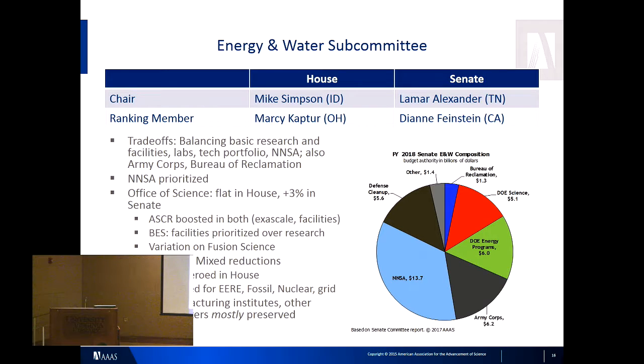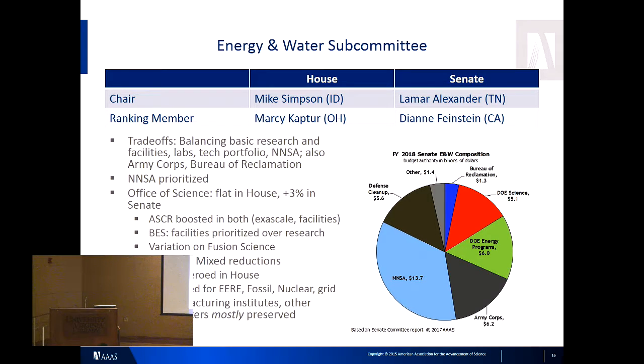Defense is always going to be a big issue. Nuclear cleanup and the Army Corps are two issues that are often prominent locally. So you've already got more than half of your bill taken up by these three programs. Then one of the decisions you're left with is, how do you allocate the remainder? Let's say you want to see NNSA get some kind of a plus up.